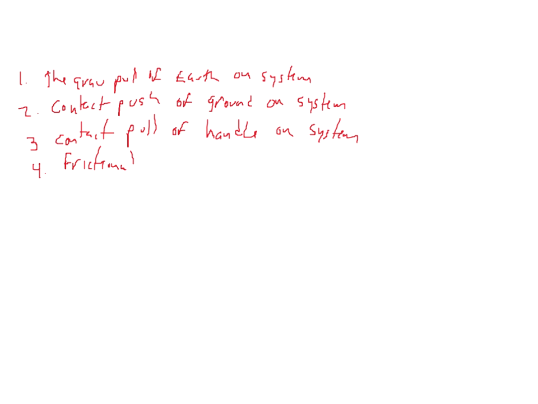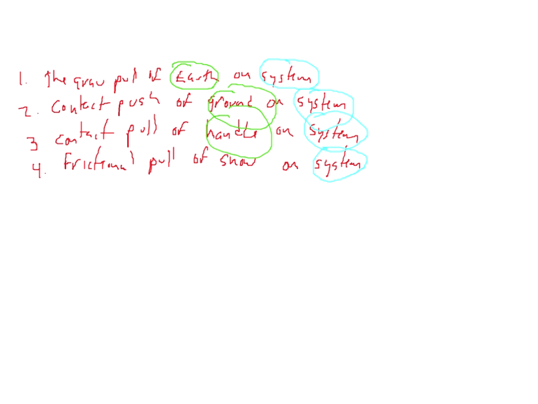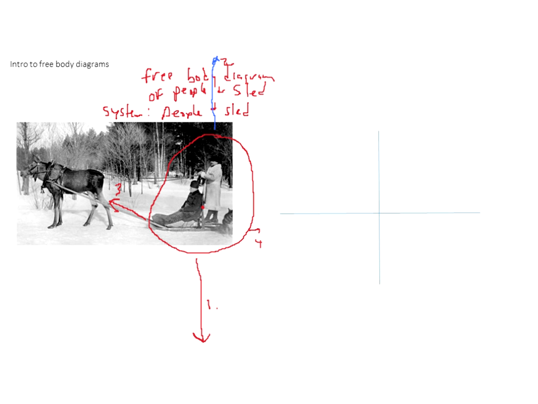And then number 4 is the frictional pull of the snow on the system. So notice all of these end with on the system. And all of these others here, earth, ground, handle, snow, these are the things that are creating the force.